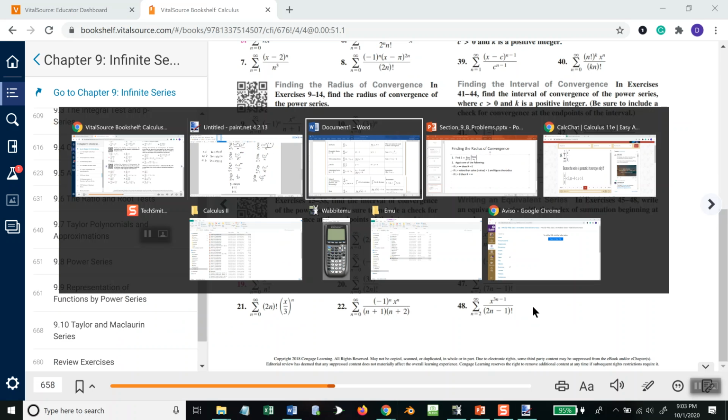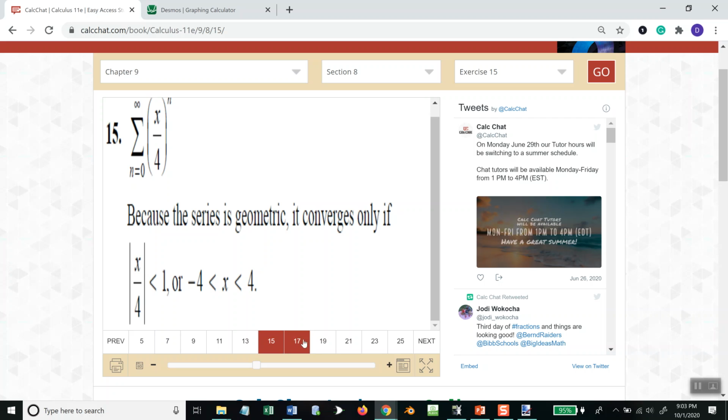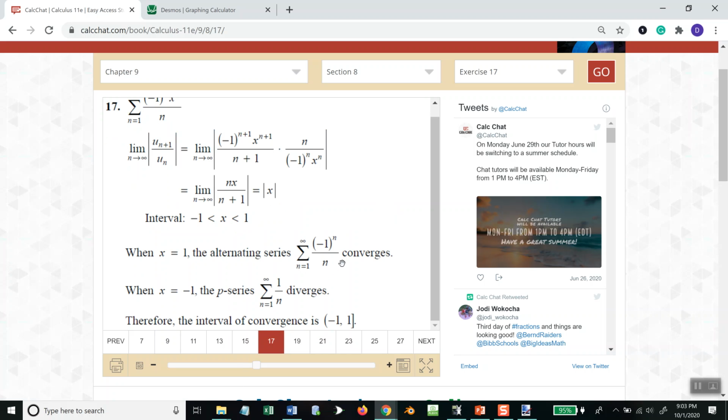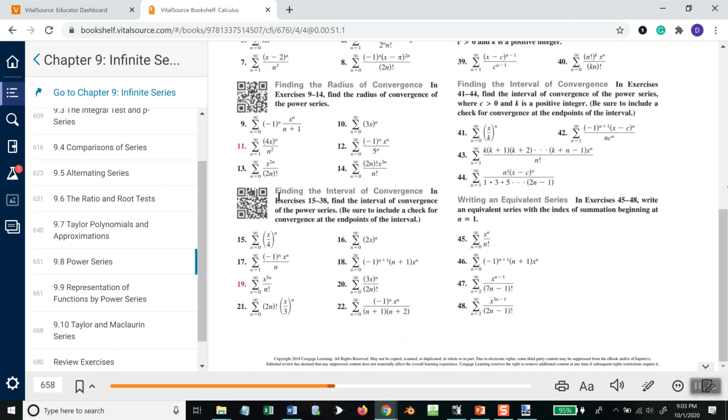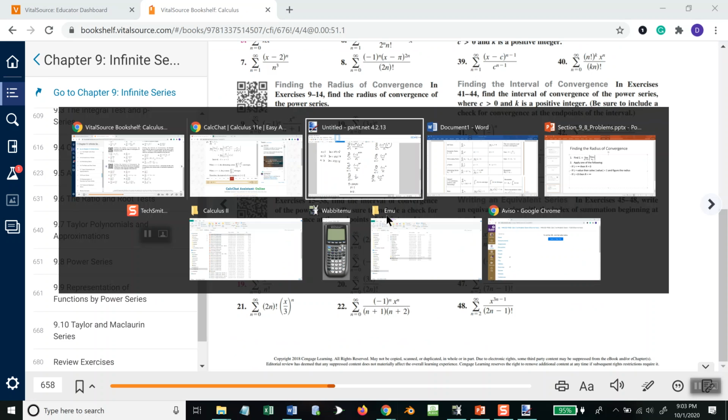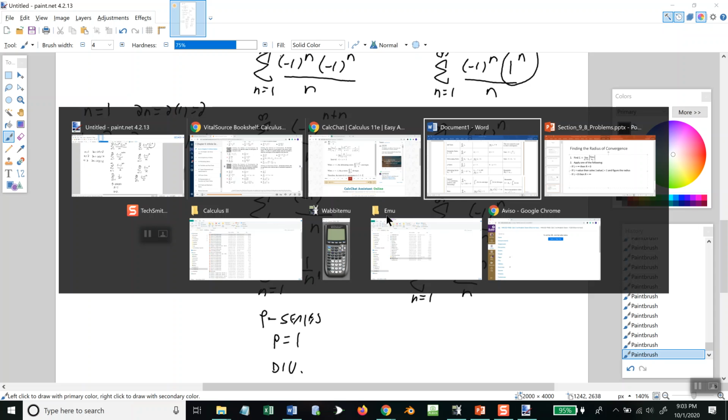Oh, 17. I'm not very good at identifying. I wouldn't lie and say I was. What do they say to use on that one? Alternating series. Isn't that where we were?